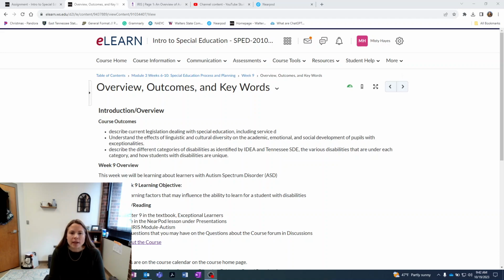So this week we're going to shift to talk specifically about autism spectrum disorder, or ASD. We're going to be learning about these types of learners. After we're finished with this week's material, we're going to learn about learning factors that may influence the ability to learn for students who have disabilities or special needs and have been diagnosed with ASD.